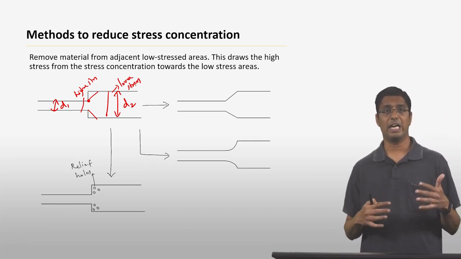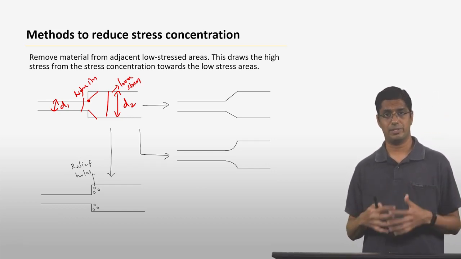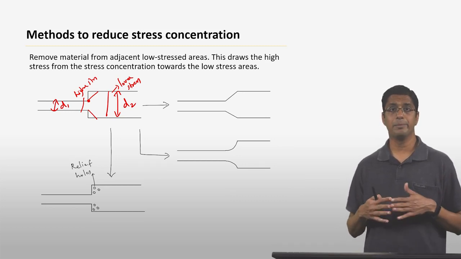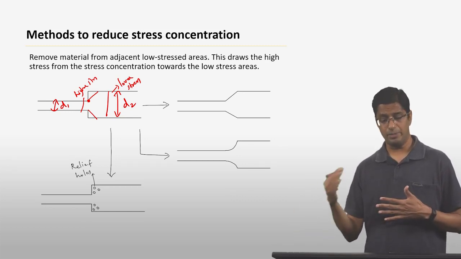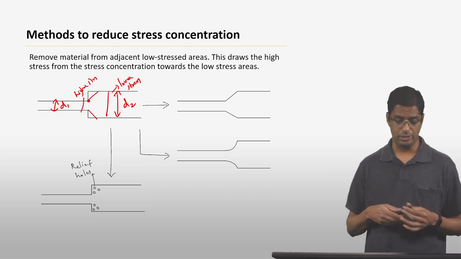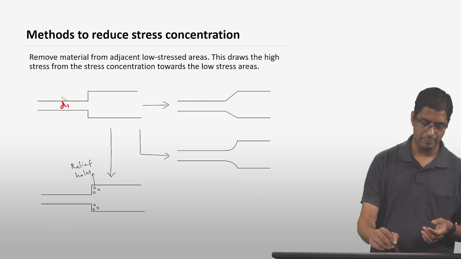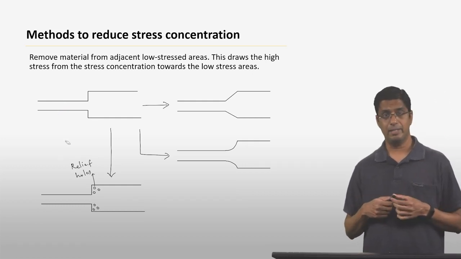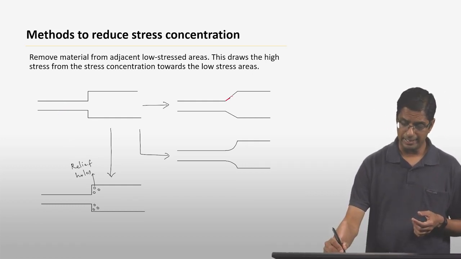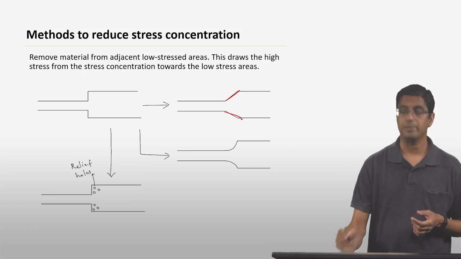So essentially, if you want to have a lower stress concentration factor, you remove material from the lower stress areas. So what you do is you take a stepped shaft that is like this, which is abruptly changing its diameter, and then make it into a smooth change in diameter.